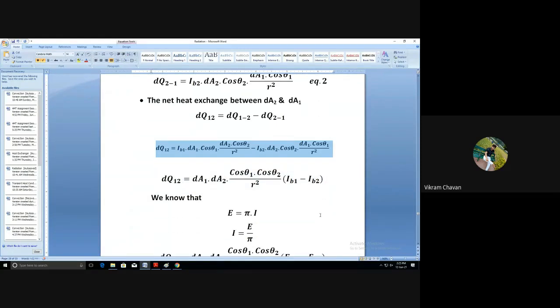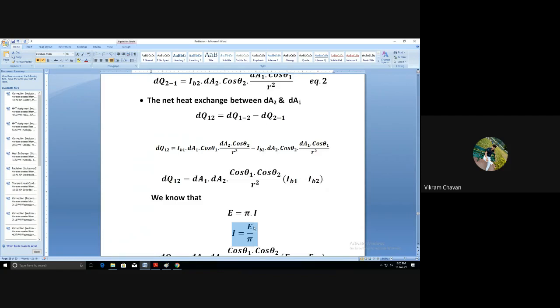But we have derived in the intensity concept that the emissive power of any body is equal to pi times the intensity of radiation. So E is equal to pi multiplied by I, and according to this formula, I is equal to E divided by pi, where capital E is the emissive power of that particular body.